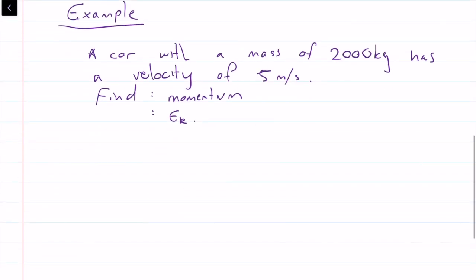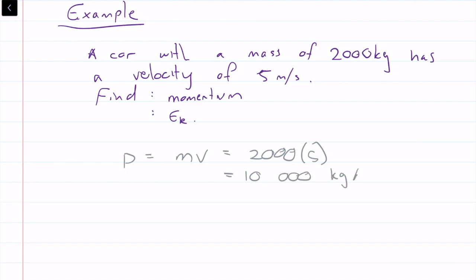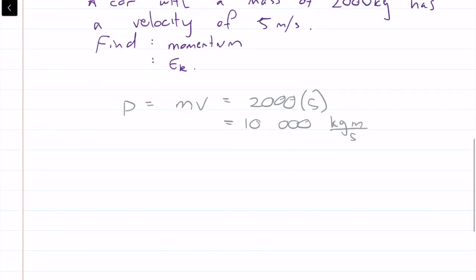If we start off with the momentum, we can say that P equals m times v, which is quite simple. The mass is 2,000 and the velocity is given as 5 meters per second. So our momentum is equal to 10,000 units of kilograms meters per second. That would be our answer.